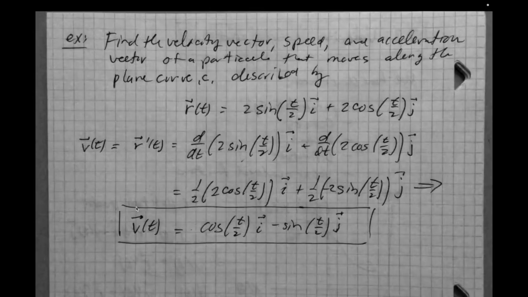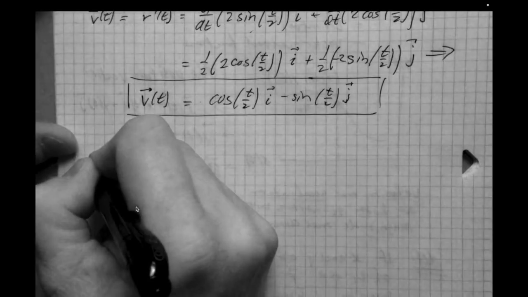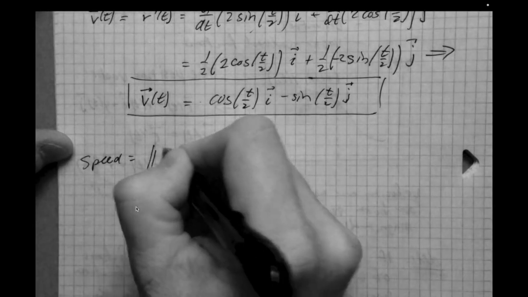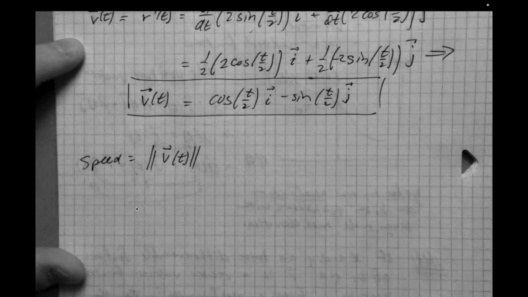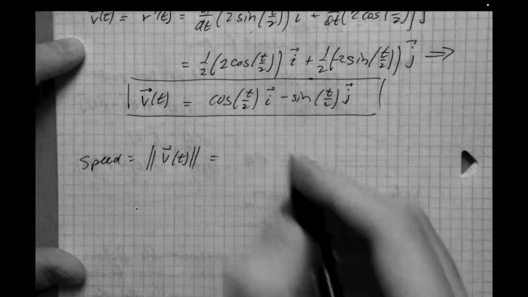All right. How about the speed? We can quickly get the speed out of this, right? The speed is going to be just the norm of this vector. So the speed is the norm of the velocity vector. And so that's going to be just basically square the components and add them together.